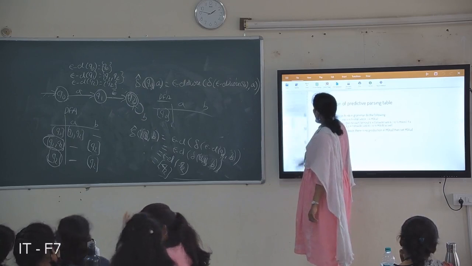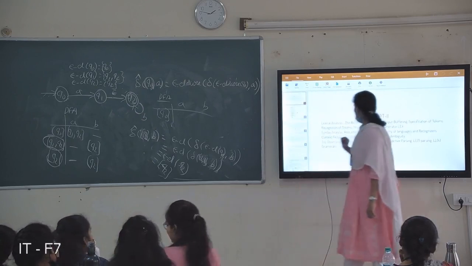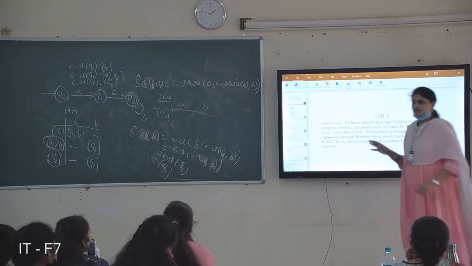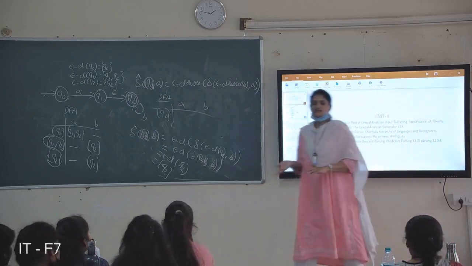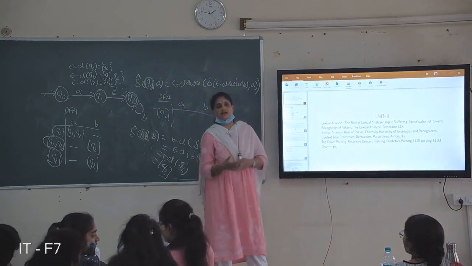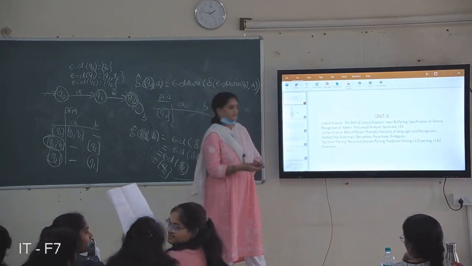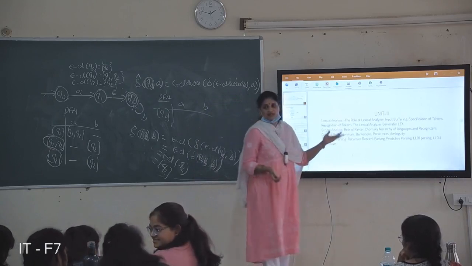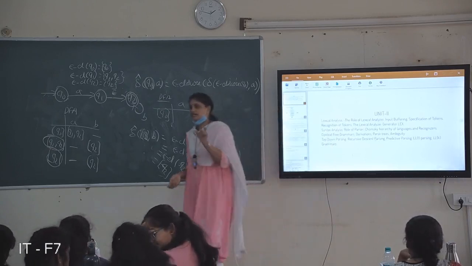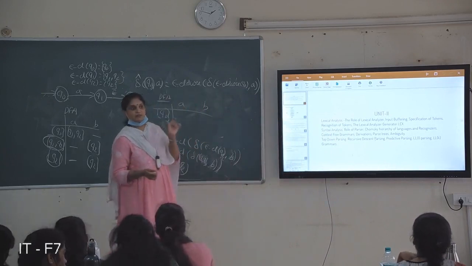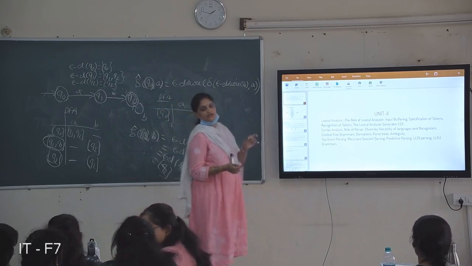Also look at the Chomsky hierarchy of languages: which grammar is recognized by which finite automata or machine, the different types of grammars, and the difference between each grammar. What is a lexeme, what is a token, what is a pattern? In lexical analysis we use these three terms: pattern, lexeme, token.